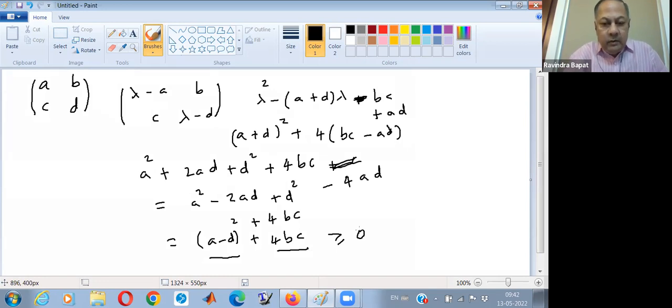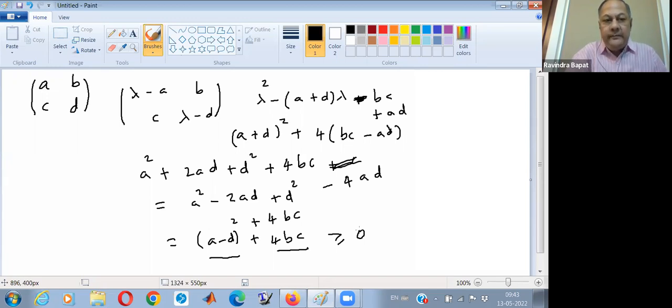This tells you something more, that I never used that a and d are non-negative. If you think about it, that is not required, because we can always change the diagonal by some constant. You must have seen in some exercises that if you have a square matrix and you add a scalar matrix, that means a constant times the identity, then the eigenvalues only shift.